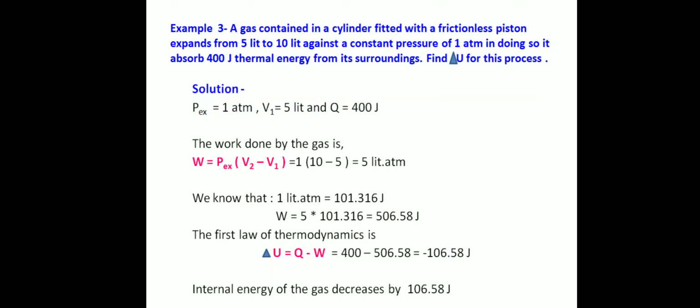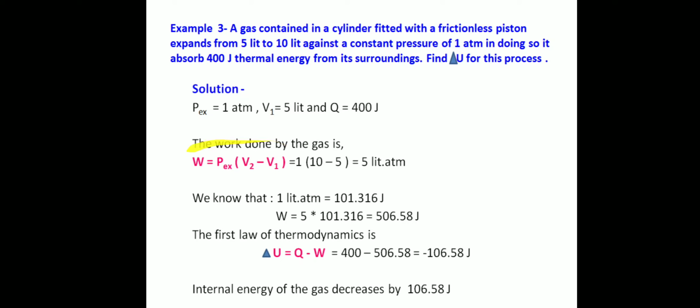We have to calculate delta U, and we know that from the first law of thermodynamics, delta U is equal to Q minus W, right? So for the calculation of delta U, you must know the value of Q and W. In the example, Q is given, that is 400 joules.